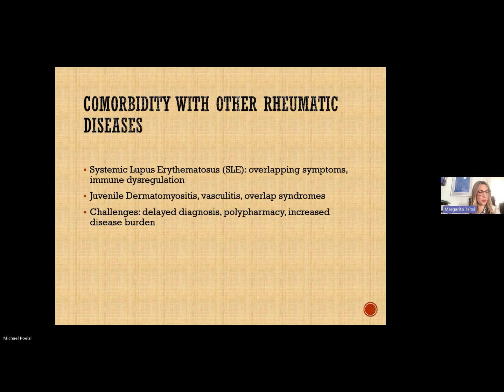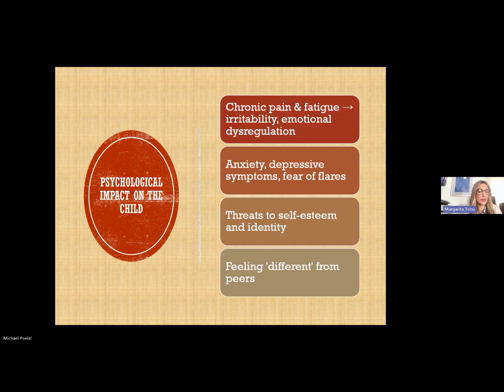Children with JIA experience chronic pain, fatigue, stiffness, and unpredictability in their symptoms. This sense of uncertainty can generate anxiety, irritability, and over time, depressive symptoms.